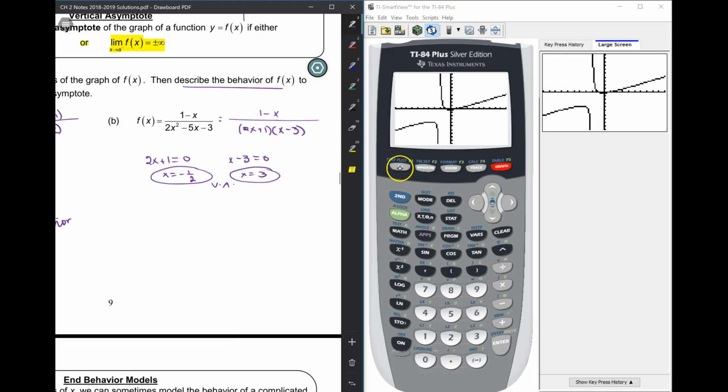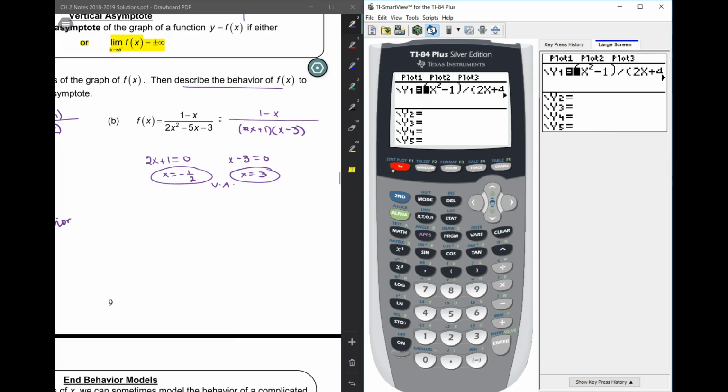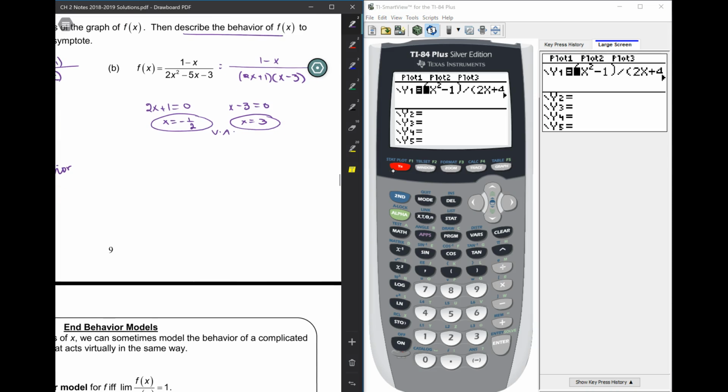And you guys would know what to do, right, for the behavior. I think I'm gonna move on. Correct. Yeah. So you would have to do the limit of f of x as x approaches -1/2 from the minus side.